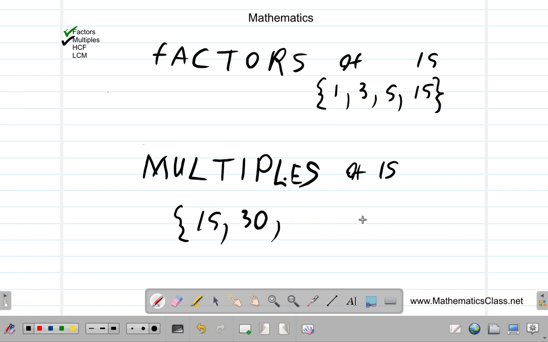So therefore you can say 30 divided by 15 to get 2. So therefore, no remainder. So there are 2 whole 15s in 30. You see that?